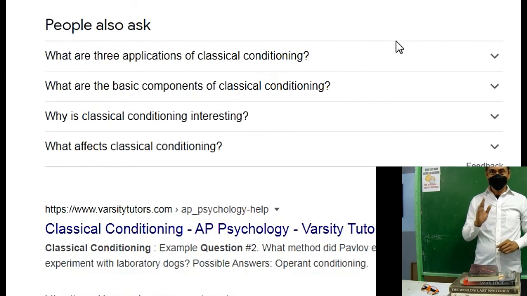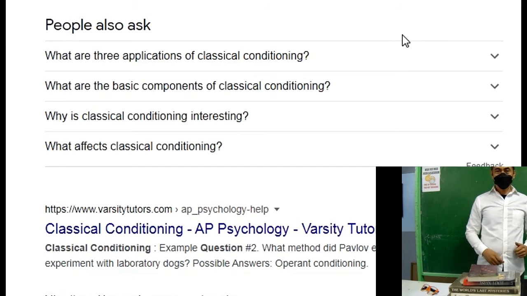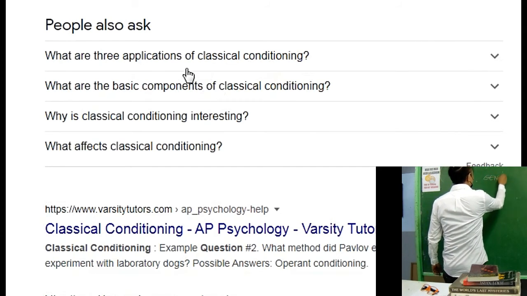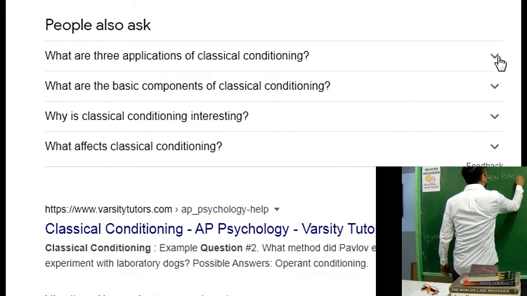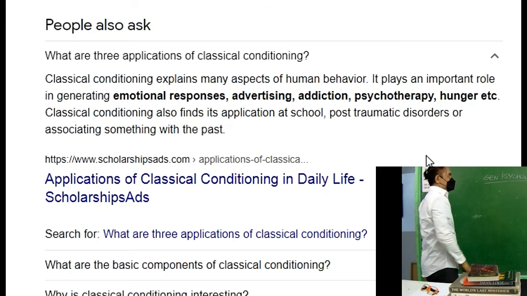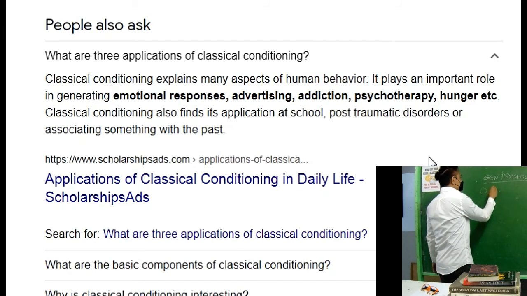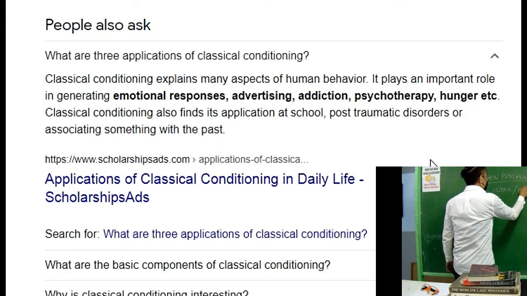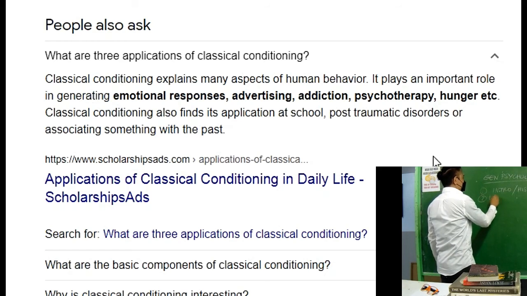Here are some basic questions on classical conditioning in psychology. Number 1, what are 3 applications of classical conditioning? Classical conditioning explains many aspects of human behavior. It plays an important role in generating emotional responses, advertising, addiction, psychotherapy, hunger, and so on.